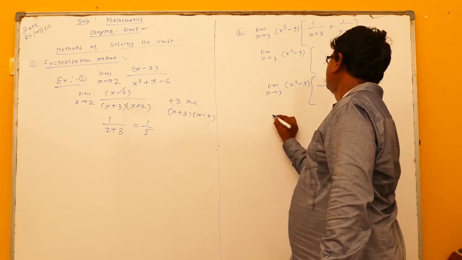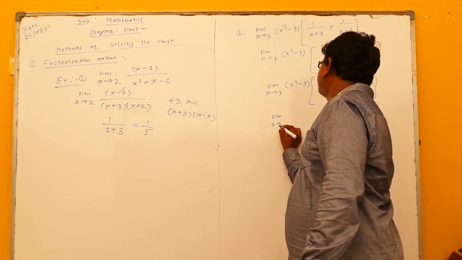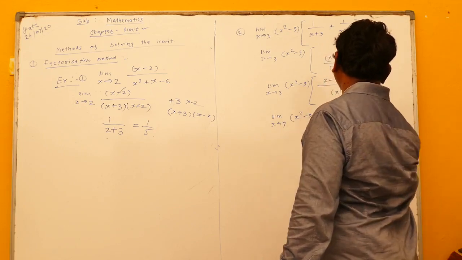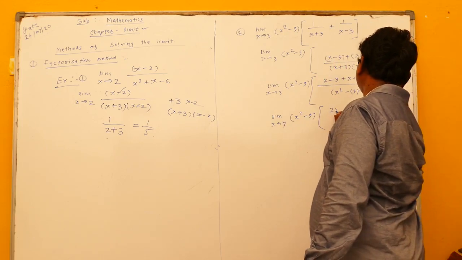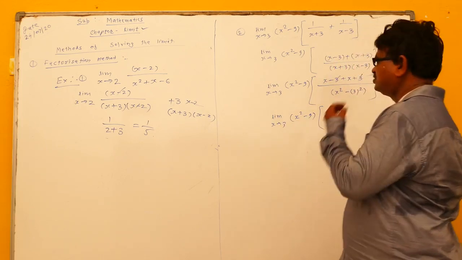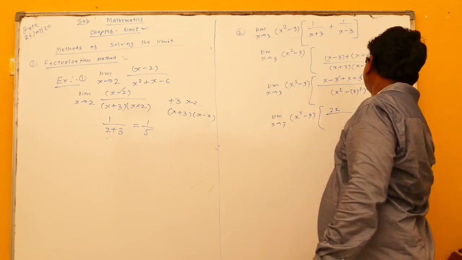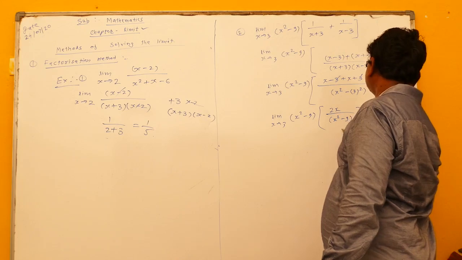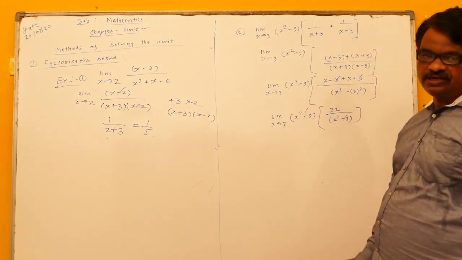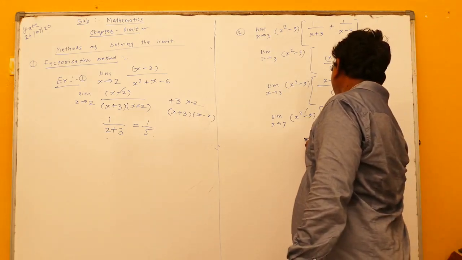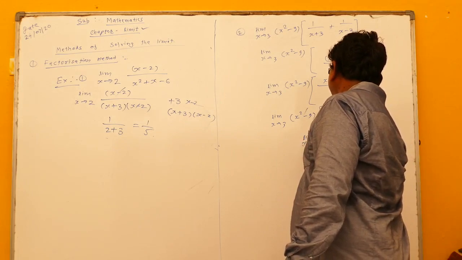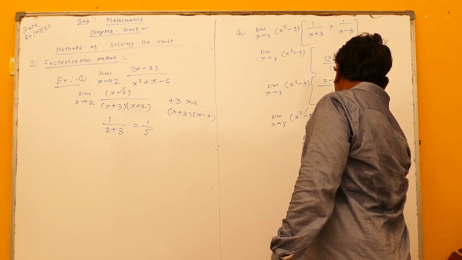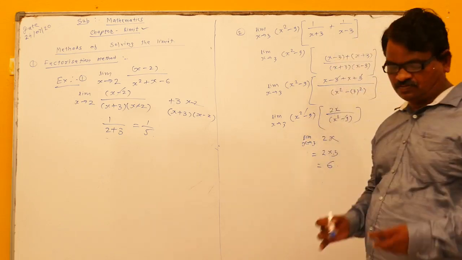Next step, limit of x tends to 3, (x square minus 9) into the bracket x plus x, 2x; minus 3 and plus 3 cancel out, and here it is x square minus 9. So x square minus 9 cancels out. Therefore limit of x tends to 3, 2x is equal to 2 multiplied by 3. Answer is 6.